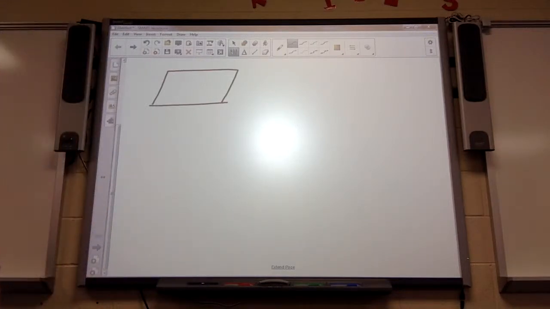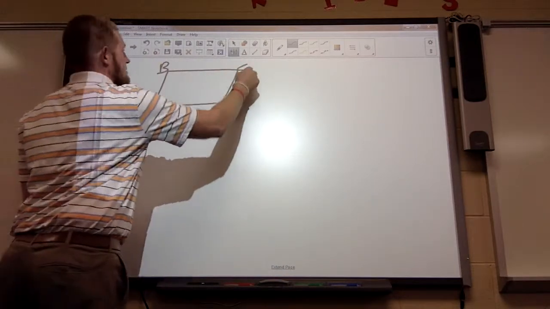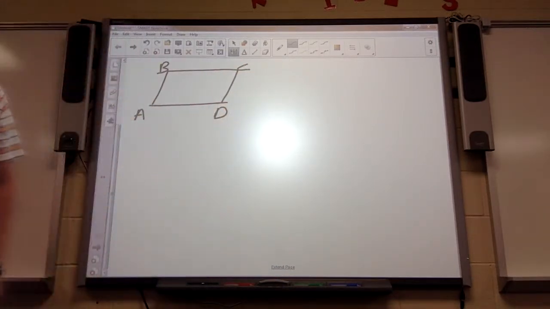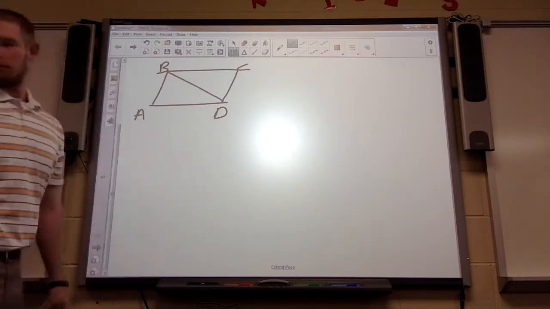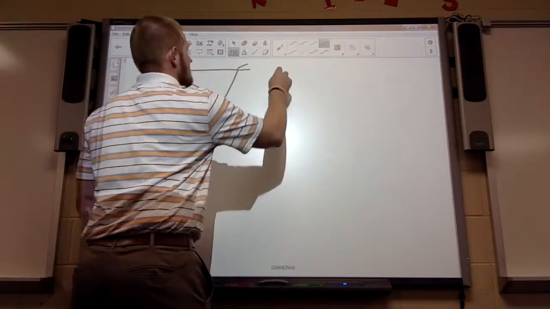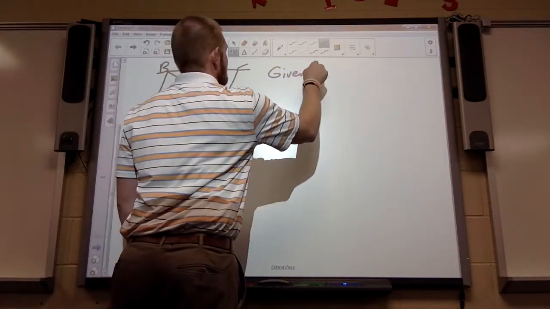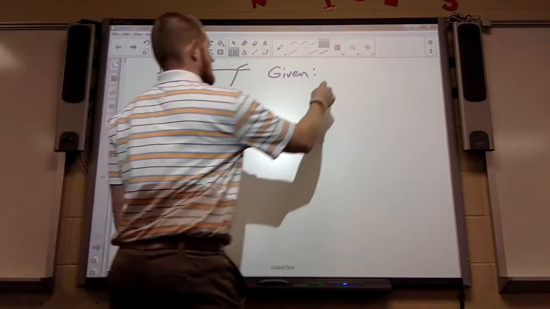Once again, I'm still not an artist. I have points A, B, C, and D, and I have a line coming through the middle like that. They tell me, by given information, that AB is parallel to CD.